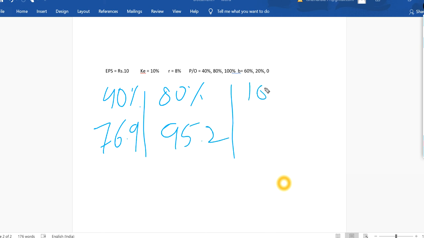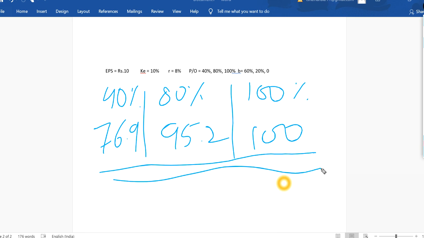And in the third case where payout was 100%, the price of the share is rupees 100. So with this model we can conclude that as we increase the payout ratio, the market price of the share will increase. With increased payout ratio, the price of the share will also increase. Thank you so much.